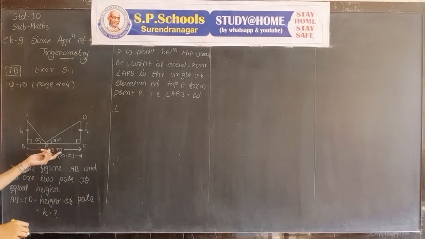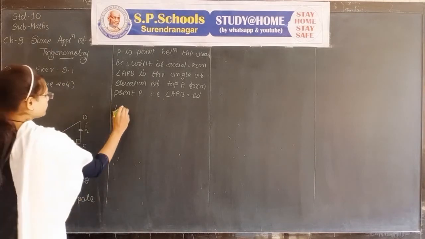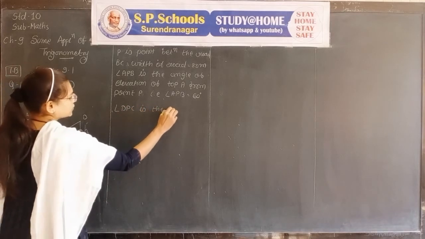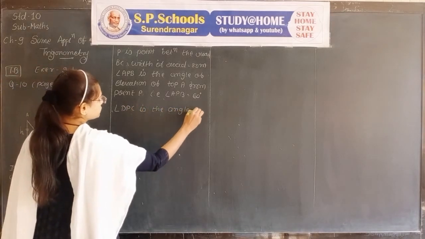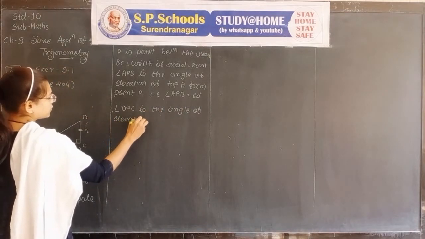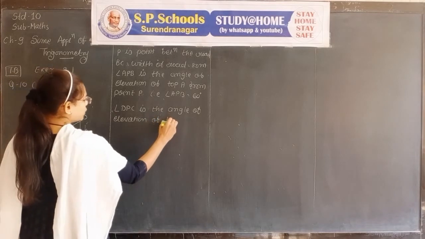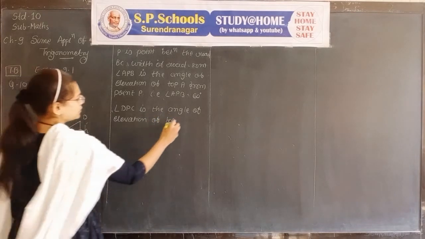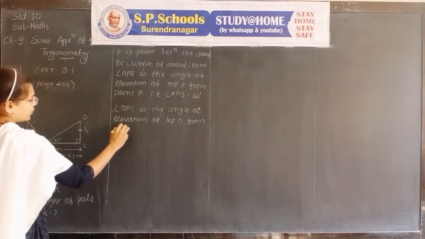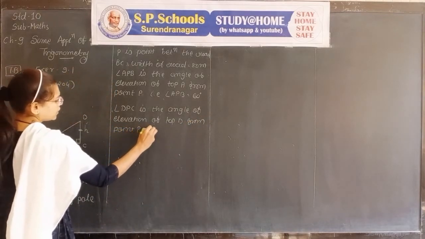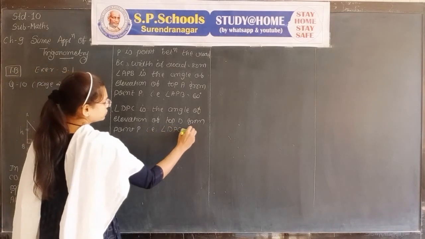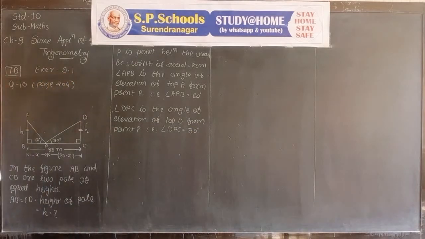Same way another angle of elevation is given, DPC. Angle DPC is the angle of elevation of top D from point P, that is angle DPC is equal to 30 degree.